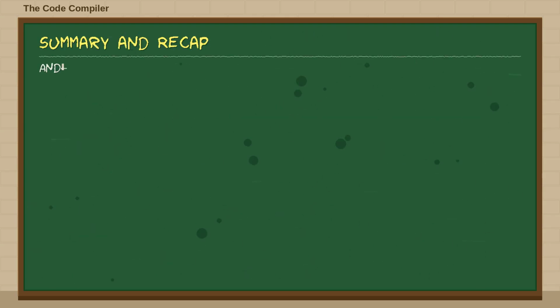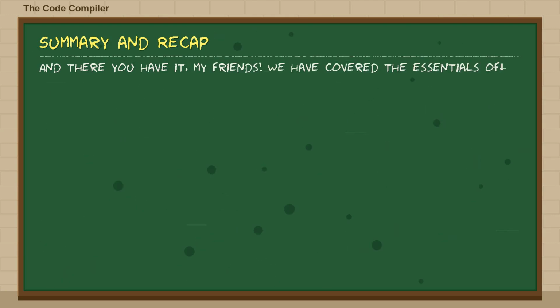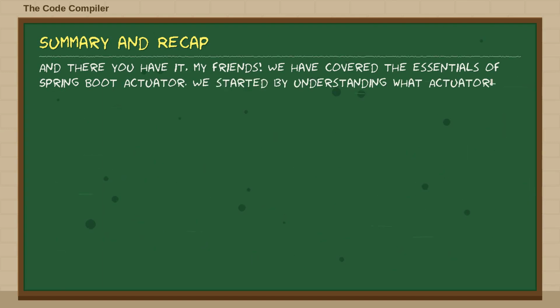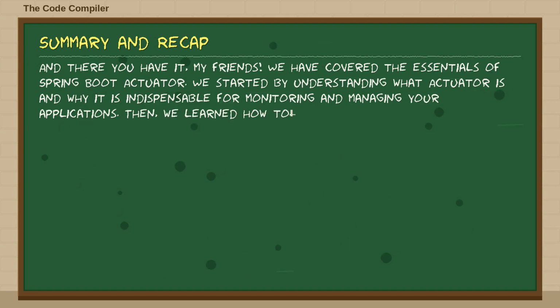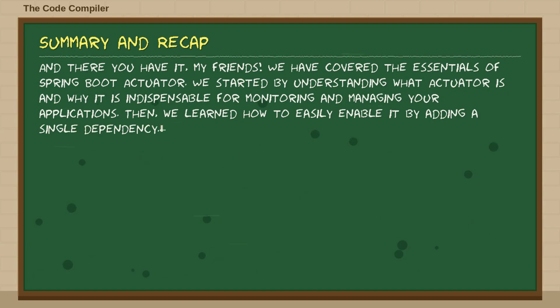And there you have it, my friends. We have covered the essentials of Spring Boot Actuator. We started by understanding what actuator is and why it is indispensable for monitoring and managing your applications. Then, we learned how to easily enable it by adding a single dependency.